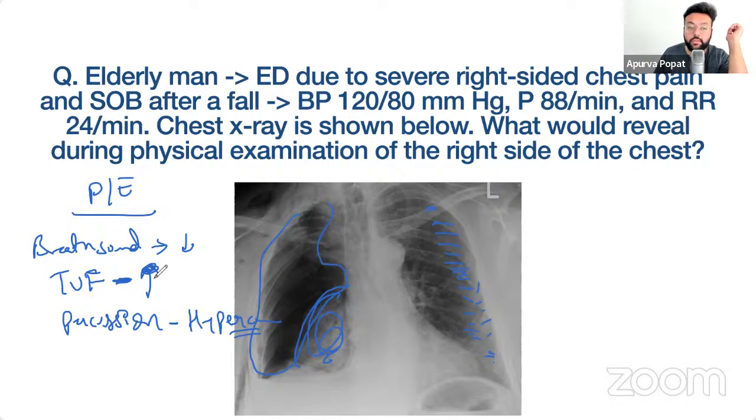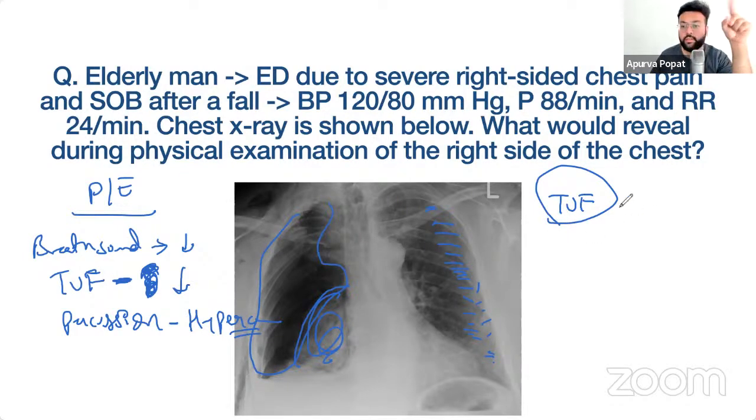In solids. So tactile vocal fremitus is decreased in pneumothorax. It is only increased in one pathology, that is pneumonia. Consolidation or pneumonia is the only place where TVF is increased.